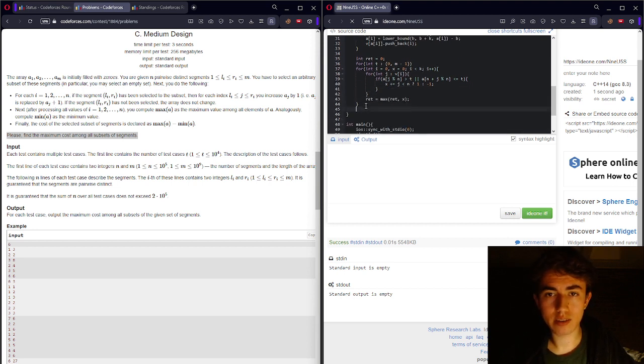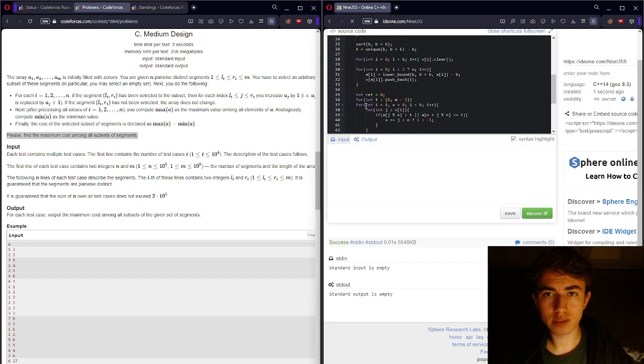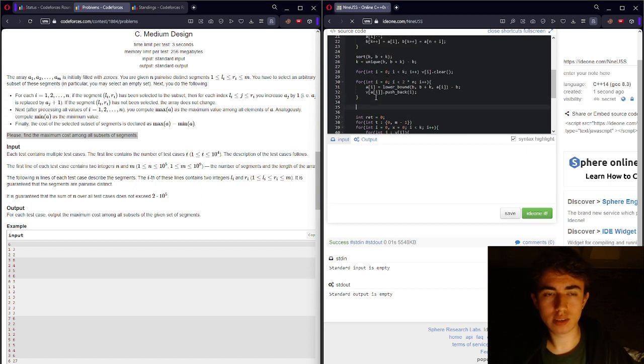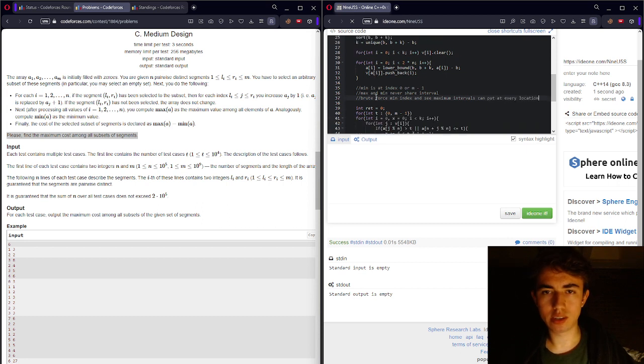And then we min at index 0 or M is 1. Max and min never share interval. Sure.